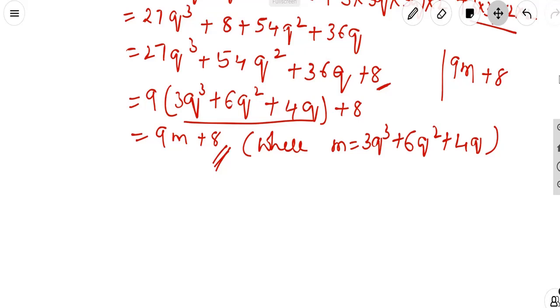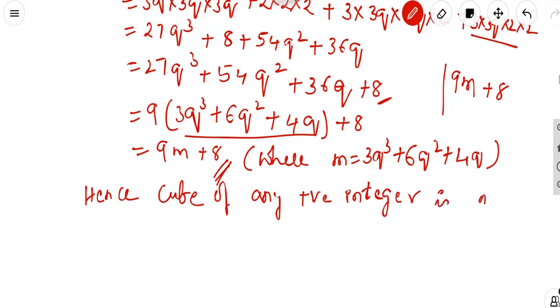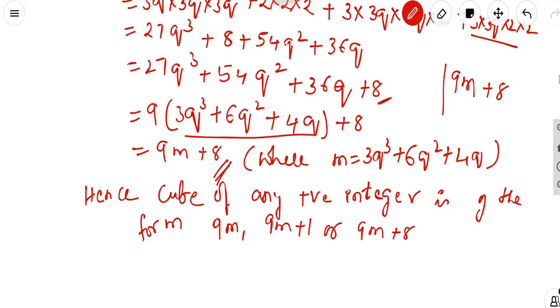So what you can write? Where m is some integer. So hence cube of any positive integer is of the form 9m, 9m plus 1, or 9m plus 8.